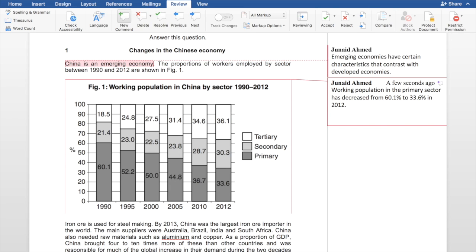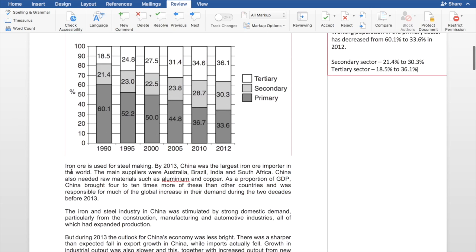And then you can see in the secondary sector, I'm just making short notes here, secondary sector from 21.4% to 30.3%, and tertiary sector services from 18.5% to 36.1%. So you should be familiar with each of these primary, secondary, and tertiary sector, what they mean, even before you start reading this. Okay, let's go down to the next one.